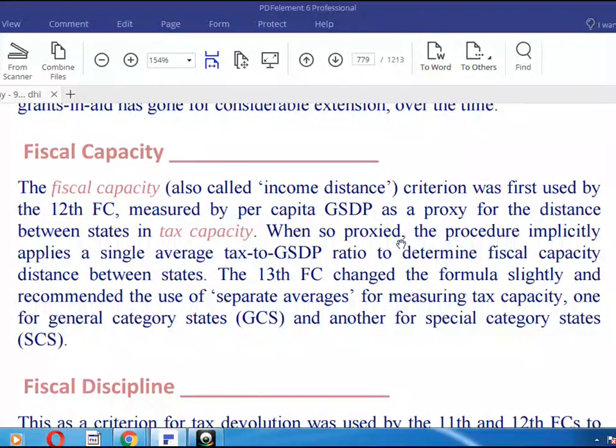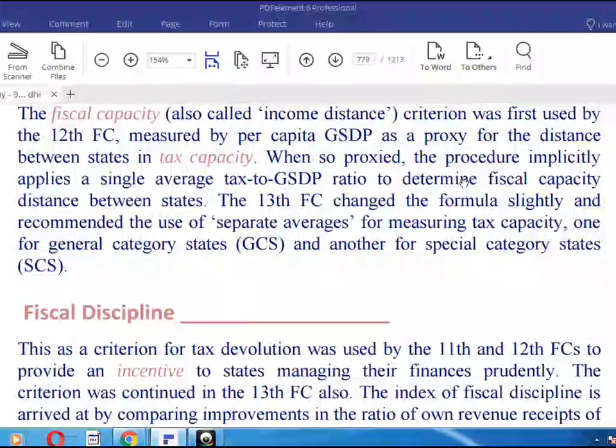When so proxied, the procedure implicitly applies a single average tax to GSDP ratio to determine the fiscal capacity distance between states. The 13th Finance Commission changed the formula slightly and recommended the use of separate averages for measuring tax capacity, one for general category states and another for special category states.